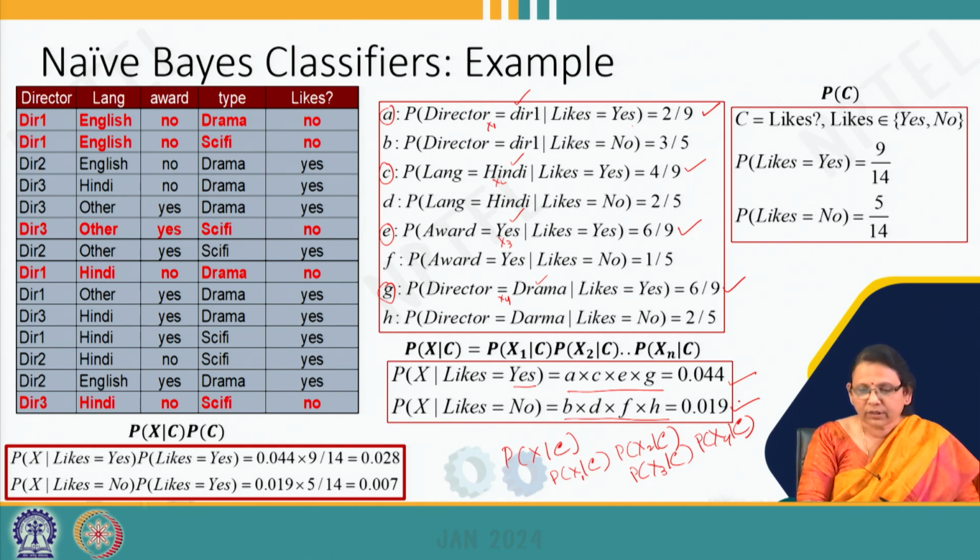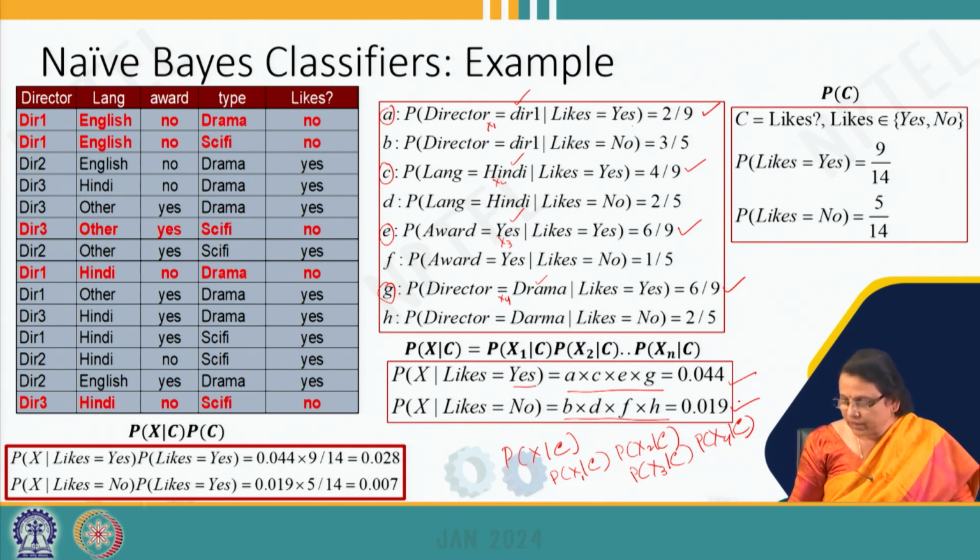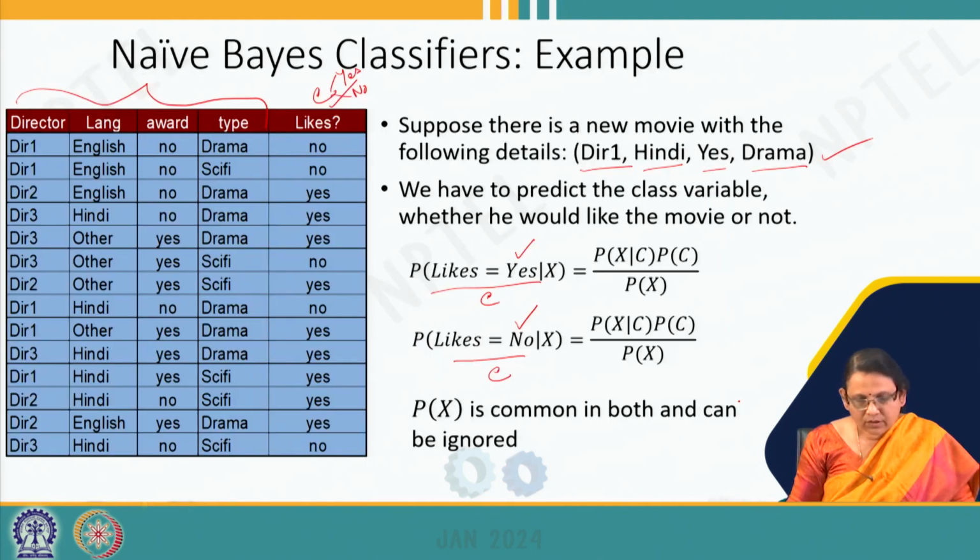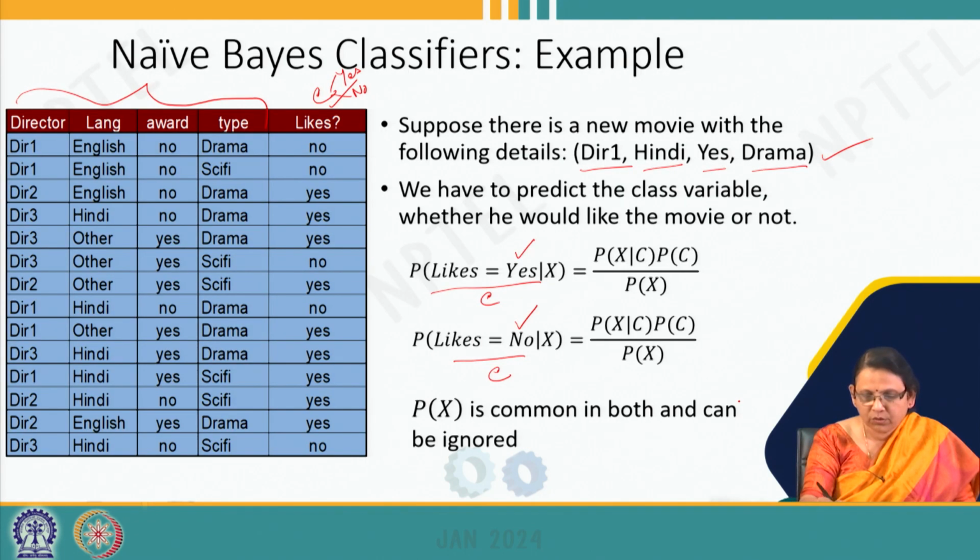Next, we are supposed to determine, okay, one thing I forgot to tell you. In this setting, when you find out likes equal to yes given X and likes equal to no given X, what is common in both is this one.